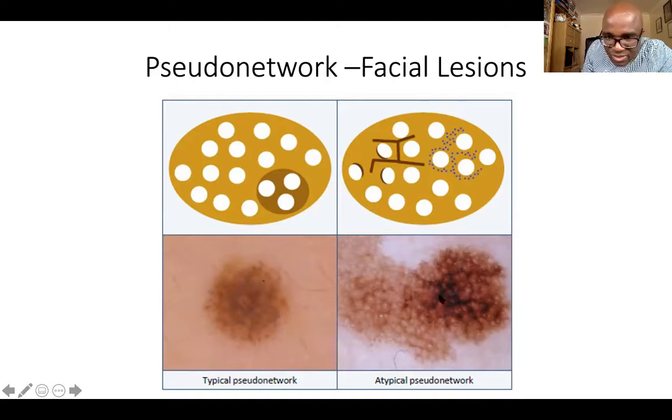So the atypical pseudo network with these dark areas on dermoscopy makes you worry that there might be some lentigo maligna melanoma brewing on the face of this patient. This means that you need to refer this patient on a 2-week wait for suspected lentigo maligna melanoma.